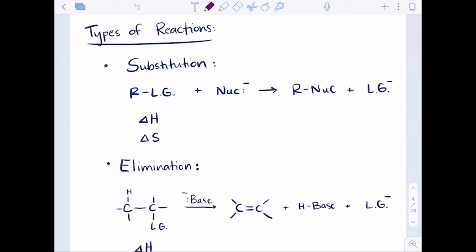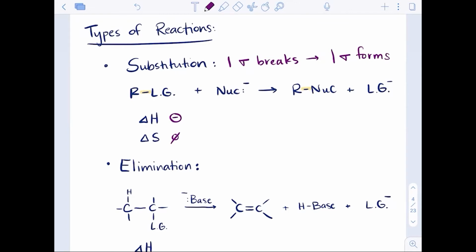So, reminding us of what a substitution reaction entails, it's one sigma bond breaks and one sigma bond forms. So it's a replacement of a carbon leaving group bond for a carbon nucleophile bond. Typically, these reactions were exothermic, and the delta S was essentially zero. So we see that the enthalpy is the driving force for this reaction's spontaneity.